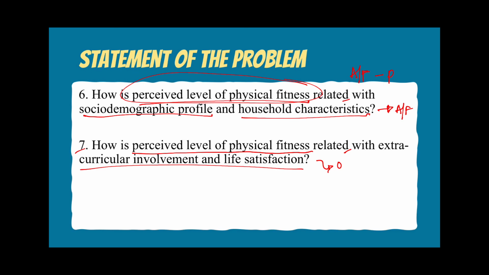And the second hypothesis is: there is no significant relationship between perceived level of physical fitness and extracurricular involvement and life satisfaction. So that is our hypothesis. Usually our hypothesis is aligned with the inferential questions of the study.